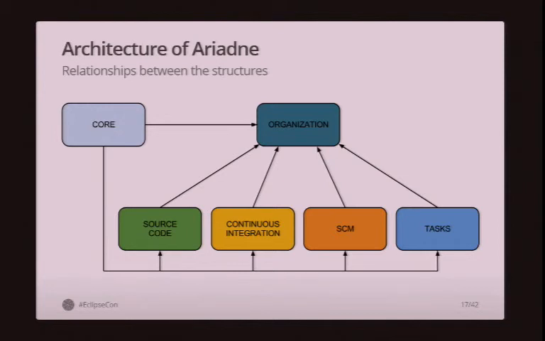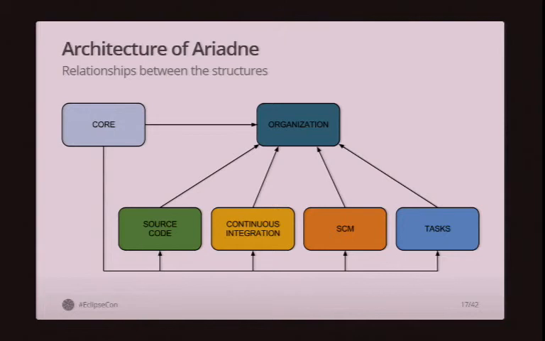First of all, there is the core structure, which contains cross-concern entities that will be used in all the other structures, and it will be used to create links between the other structures.